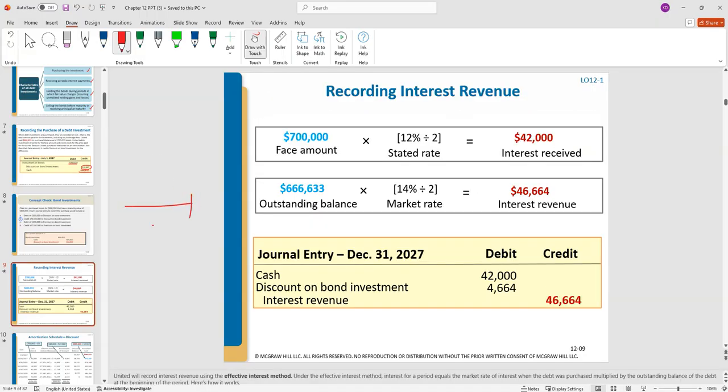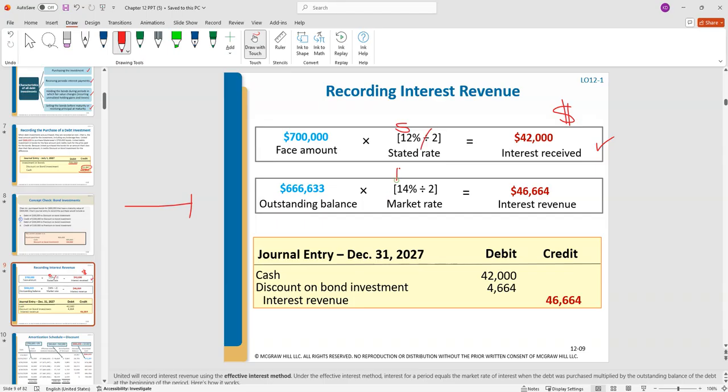Now, 6 months has passed. We have to accrue for the fact that we're going to get our first interest payment, and that we're also going to have to deal with getting rid of that discount in recording interest revenue. For the cash interest received, we'll base that off the stated rate, and it's semi-annual, so we'll divide by 2.